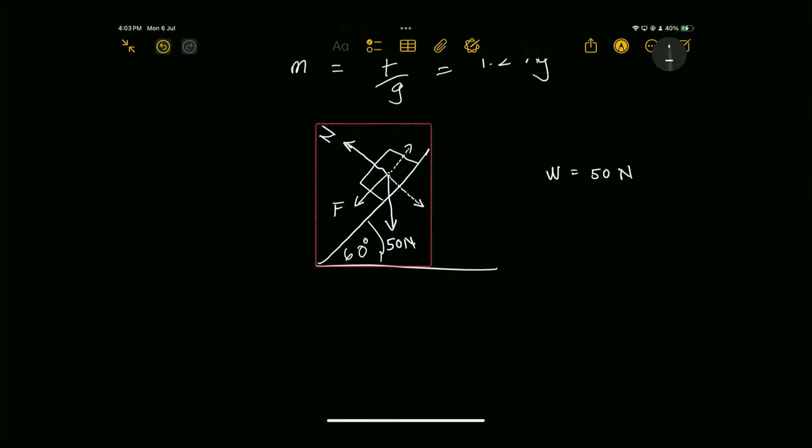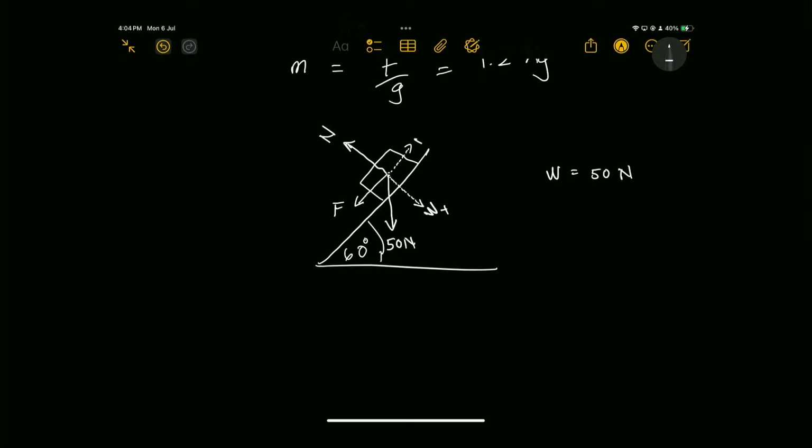So now, if we have to determine the component of the weight that is perpendicular to the plane, that would be this component here, right? We could write that as W in the y direction. That is the component of the weight perpendicular to the plane.